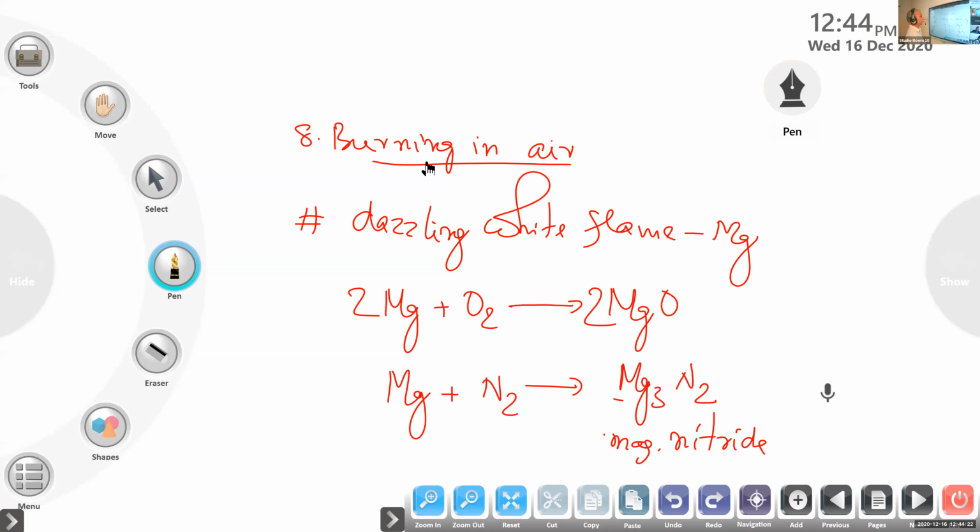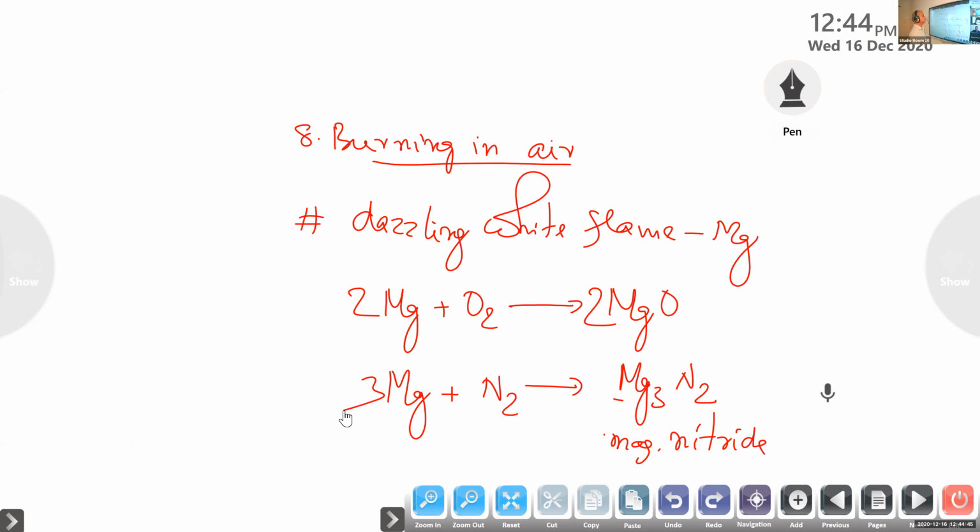Mg3N2, magnesium nitride. You try with the magnesium, just try with magnesium. It is 3 Mg, so simple.